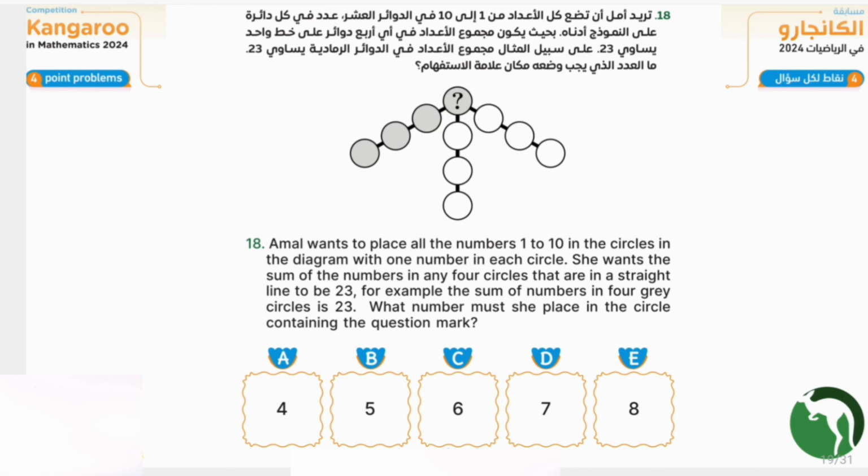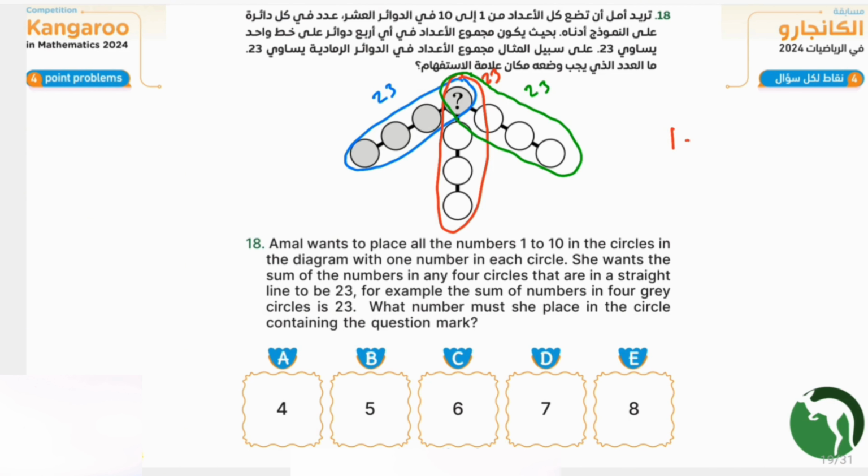Okay. At first, the sum of these 4 circles will be 23. And also these 4 circles should be 23. And these 4 circles also should be 23. Okay. So at first, if we sum the digits from 1 to 10, we will obtain 55.